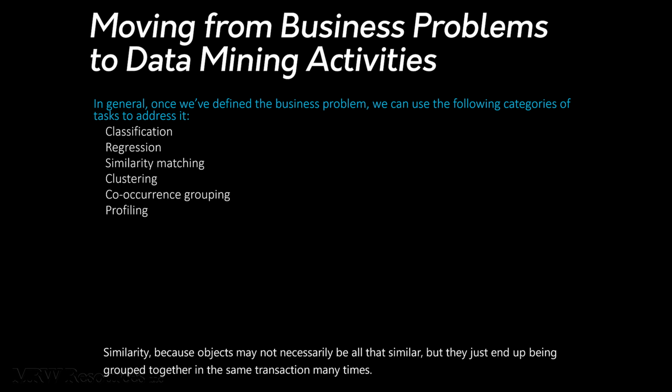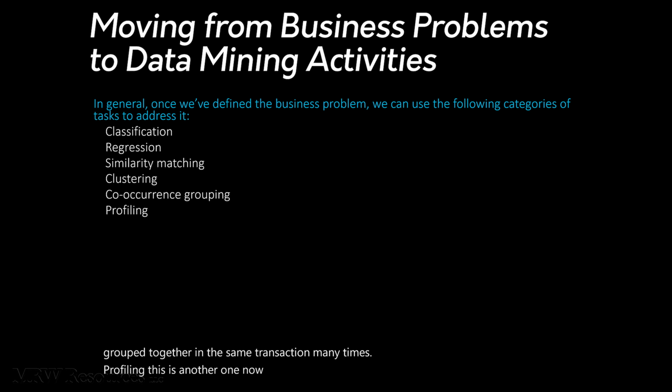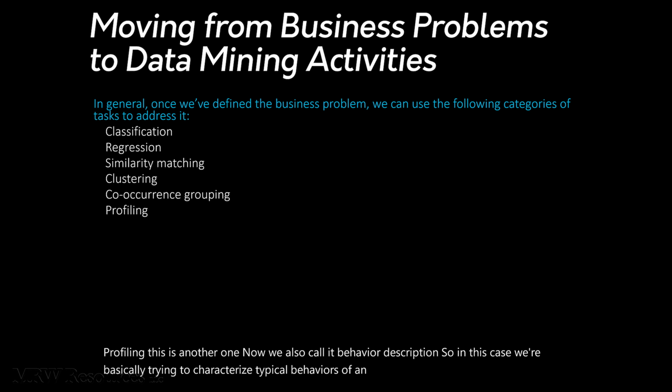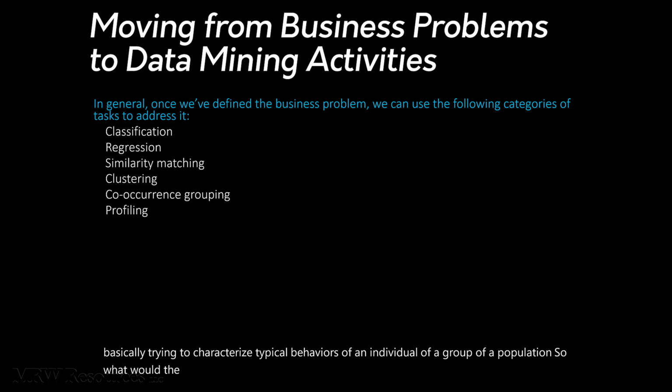Profiling. This is another one. We also call it behavior description. In this case, we're basically trying to characterize typical behaviors of an individual, of a group, of a population. What would the typical cell phone usage of this type of customer be, for example?